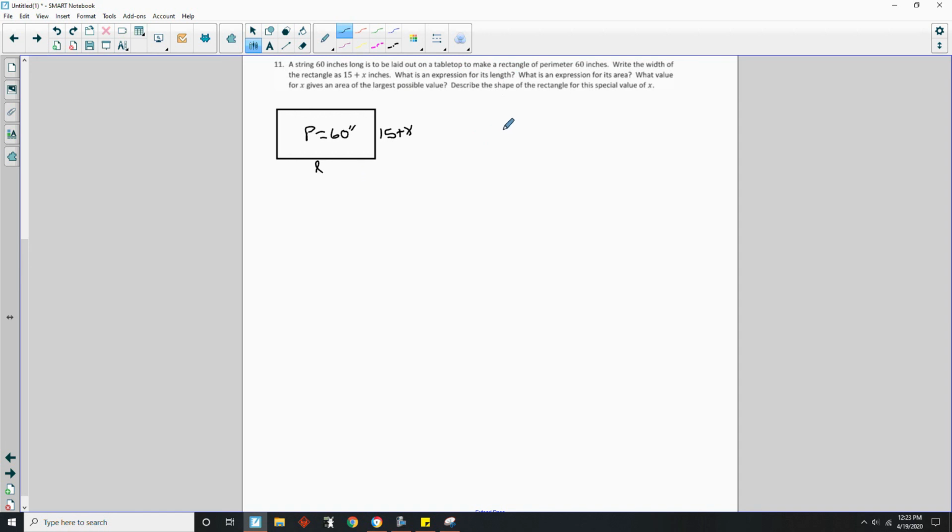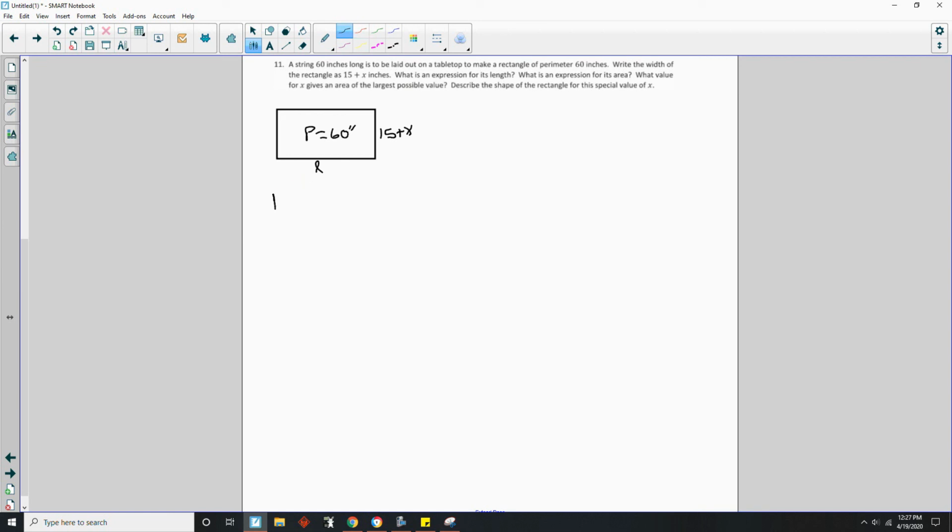Okay. Write an expression for its length. A string 60 inches long is to be laid out on a tabletop to make a rectangle. Perimeter 60. Write the width of the rectangle as 15 plus x inches. What is the expression for its length? Okay, so we want to start this out with our perimeter equation.